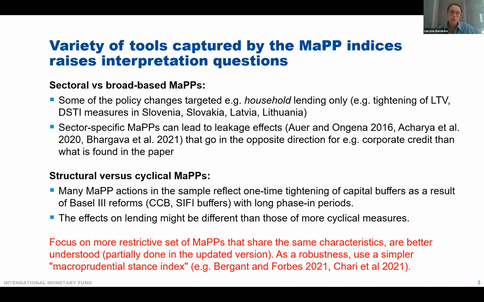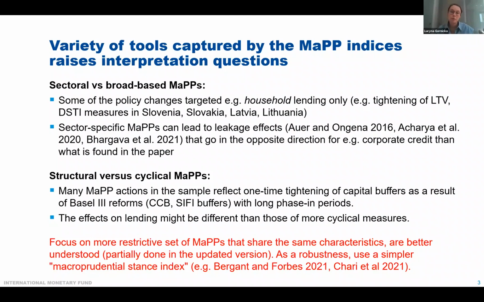So the problem that emerges when you try to put these different tools together is that for some of these tools, you might actually expect different effects on lending than for the others. And a case in point is these sectoral tools. There is already literature on that, actually cited in the paper, that shows that sector-specific macroprudential tools can lead to leakage effects.